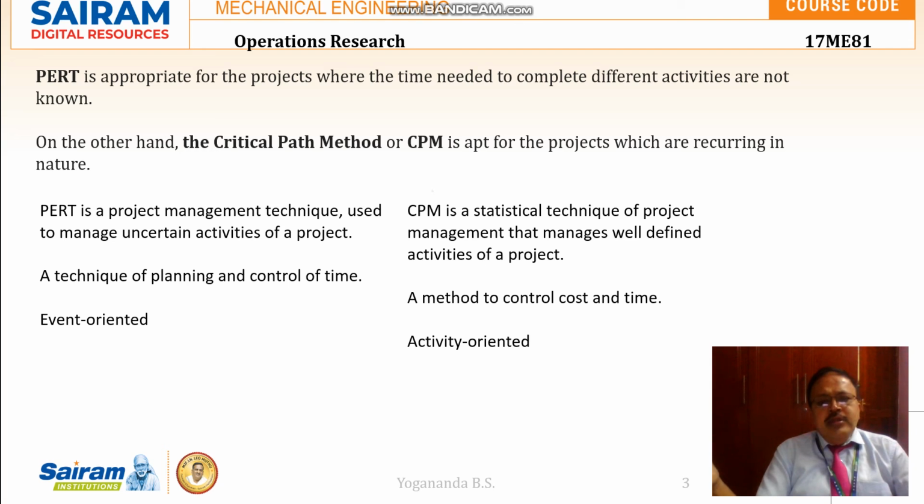The critical path method takes care of that process which involves time, so it is activity oriented. Whereas PERT says whether the event has begun or the event has ended.